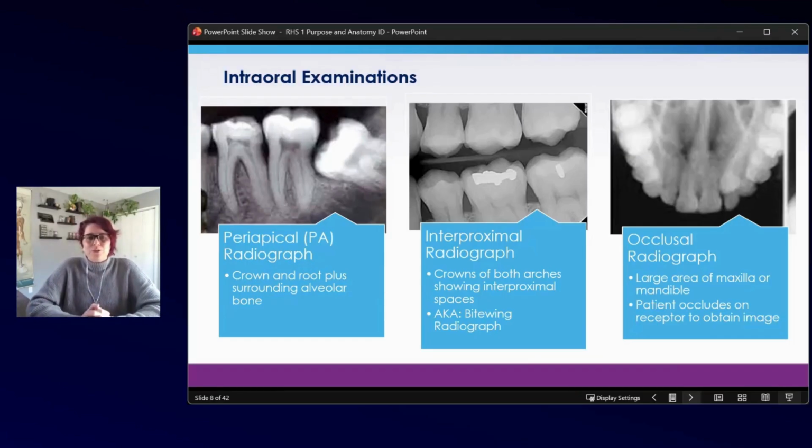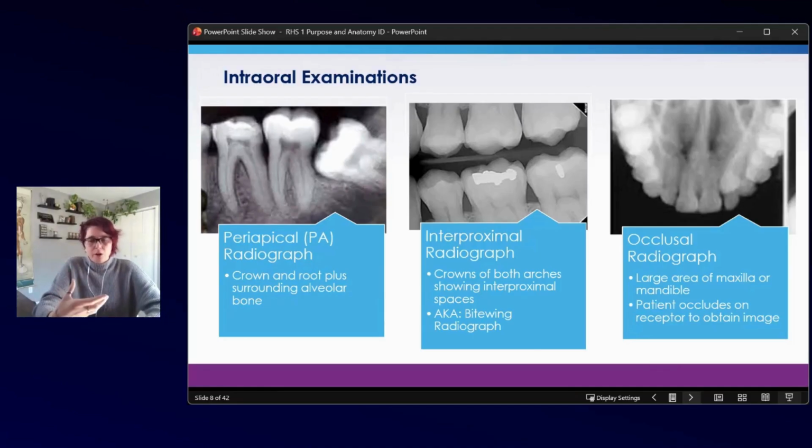Our last intraoral exam is an occlusal radiograph. An occlusal radiograph shows us a large area of the maxilla or the mandibular arch. These are good for our younger patients who are maybe not able to handle a PA or a bite wing. We have the patient actually bite down on a receptor, almost like a cracker.